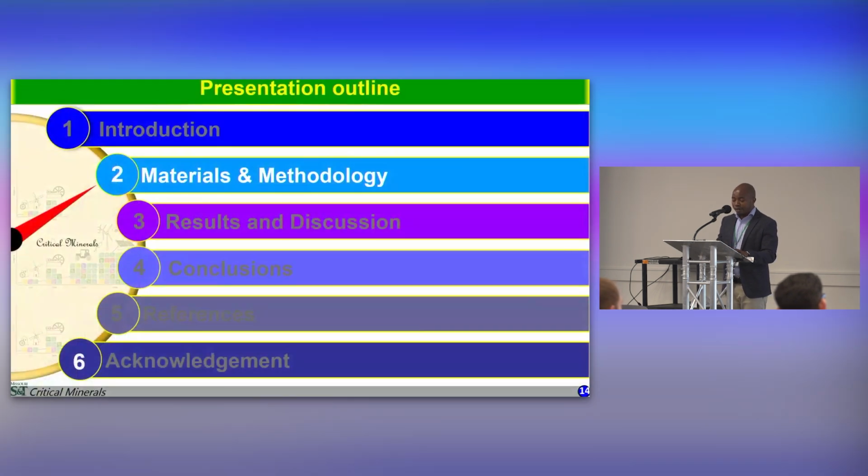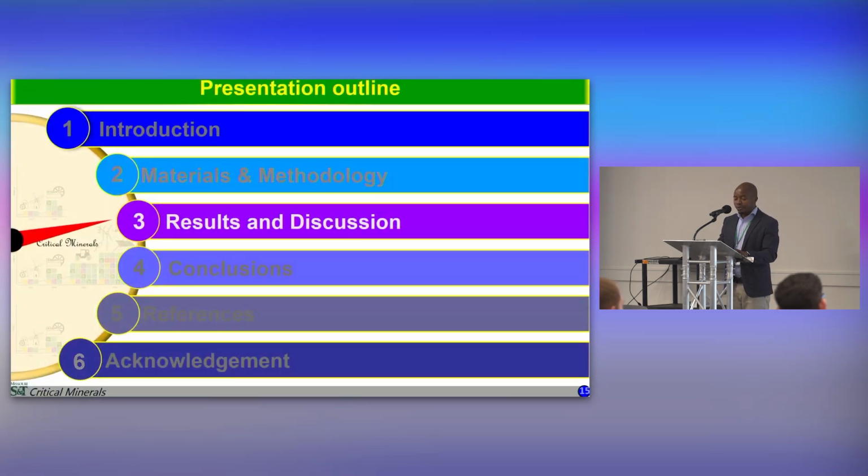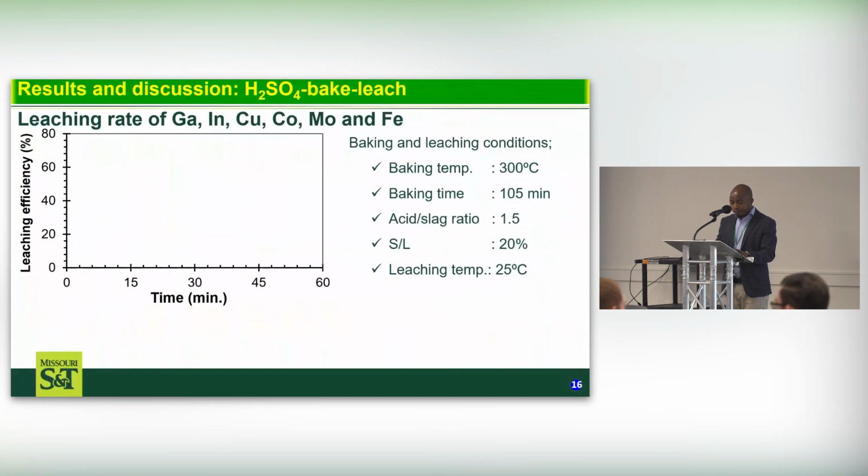So having given you the methodology, now let me go to the results and discussion. This shows you the leaching rates of gallium, indium, copper, cobalt, molybdenum, and iron. I should mention that we had challenges analyzing germanium. I'll explain more in detail on that.